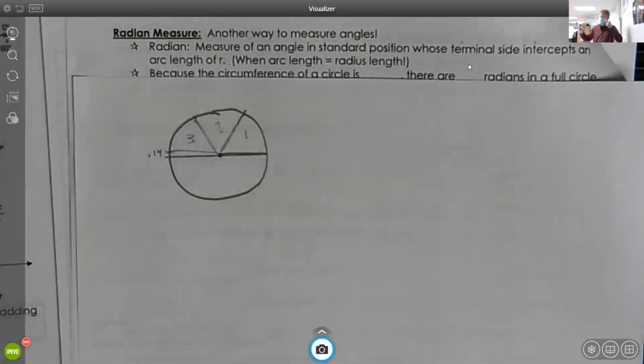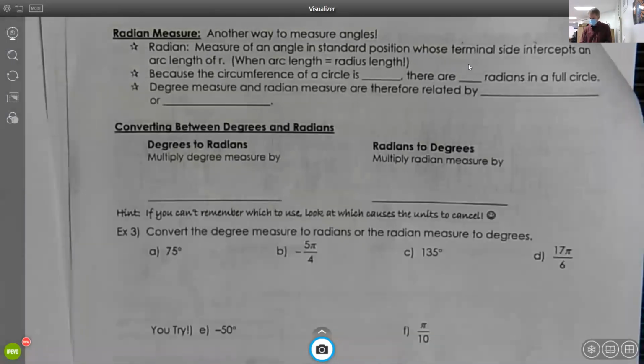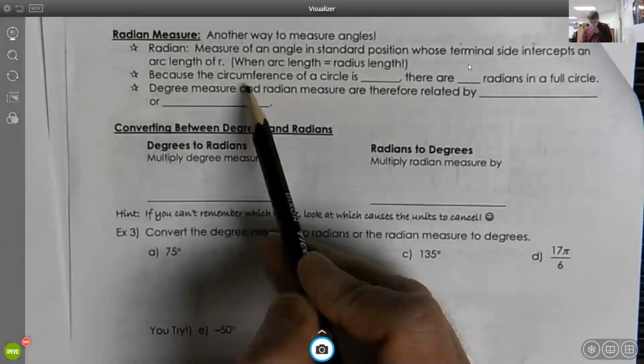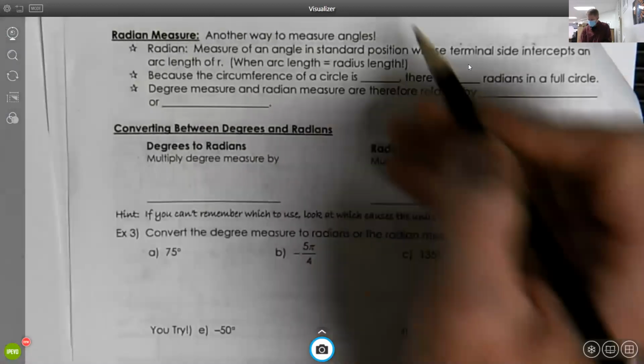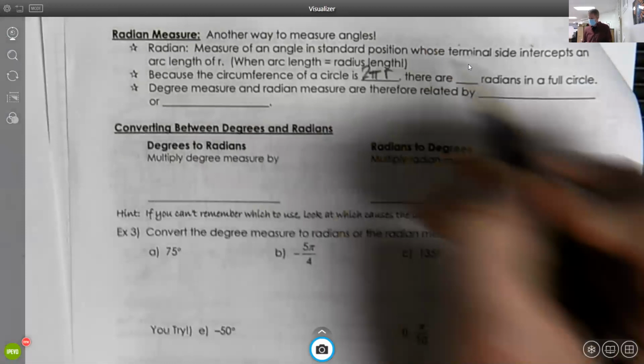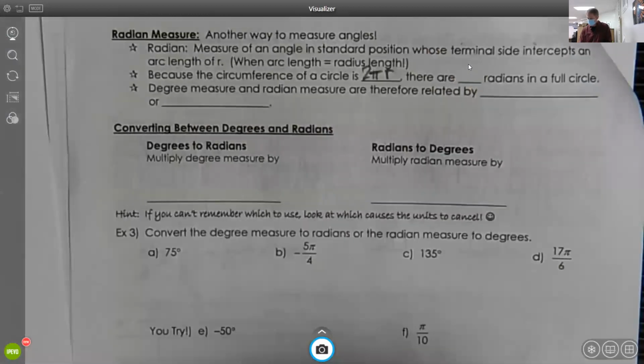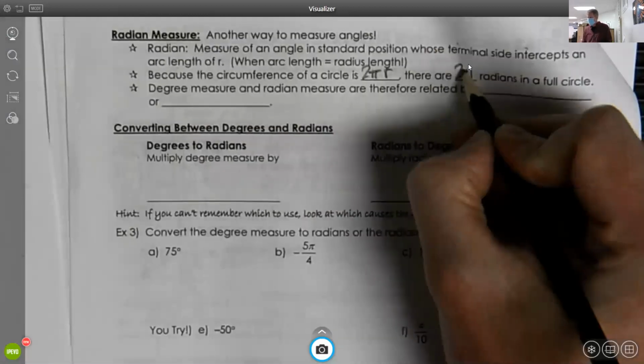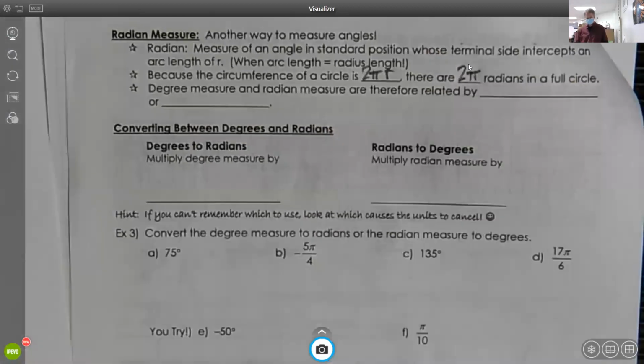Twice the radius would fit around twice the half, the full circle. So what we're learning about here is that because the circumference of a circle is 2 pi r, we know that there are 2 pi radians in a full circle.